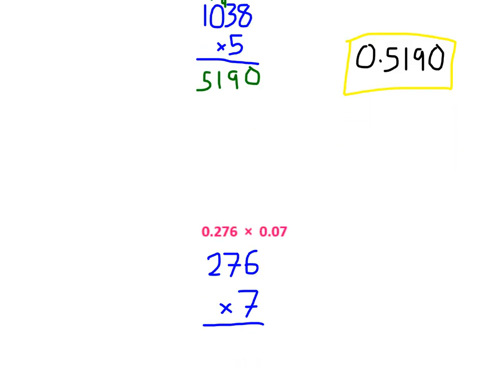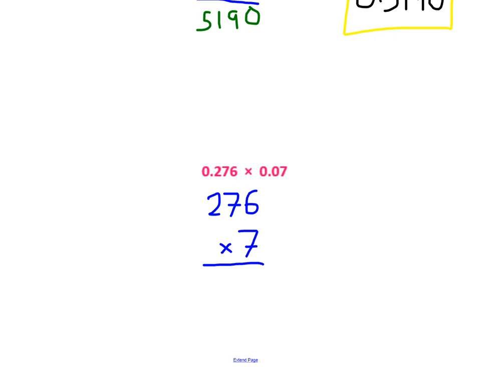Nice work. And in the next one you did 276 times 7 is what you work out. 6 7s are 42. Carry the 4. 7 7s are 49 plus 4 is 53. Carry the 5. 2 7s are 14 plus 5 is 19. And now work out how many DP.